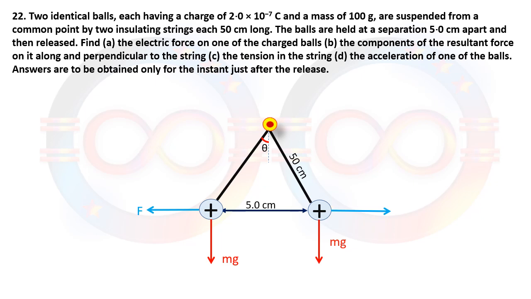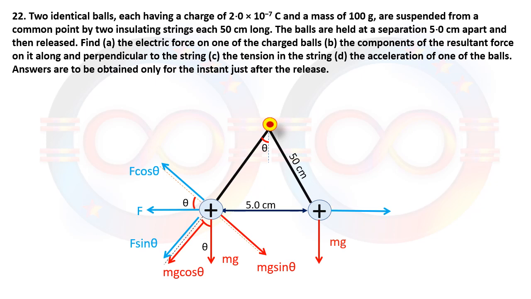Because of their mass, mg will be vertically downward. We have directions along the string as well as perpendicular to the string. We resolve mg into two rectangular components, mg cos theta and mg sin theta. Similarly, f is resolved into f cos theta and f sin theta.